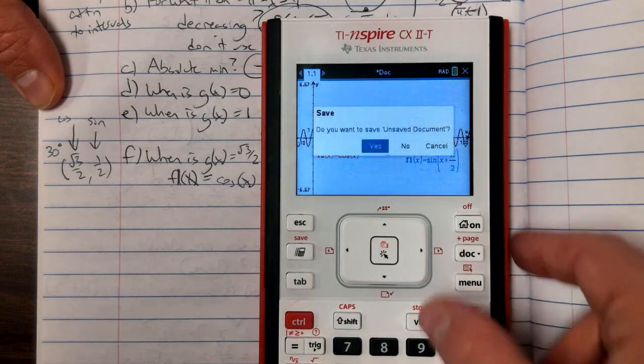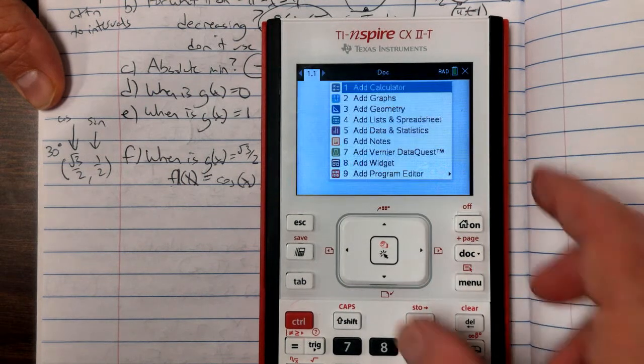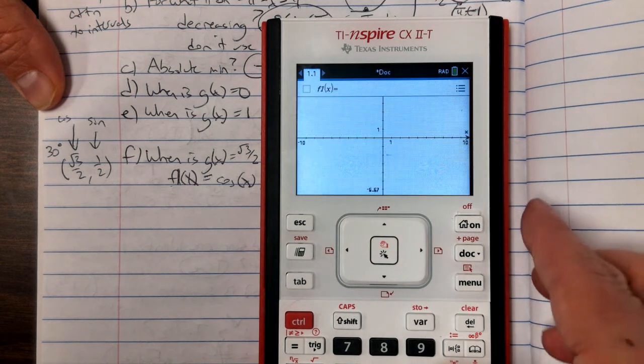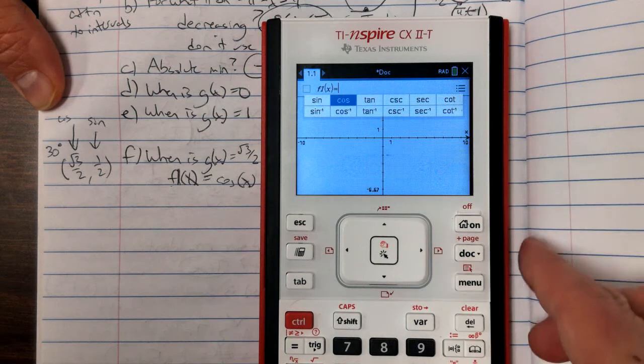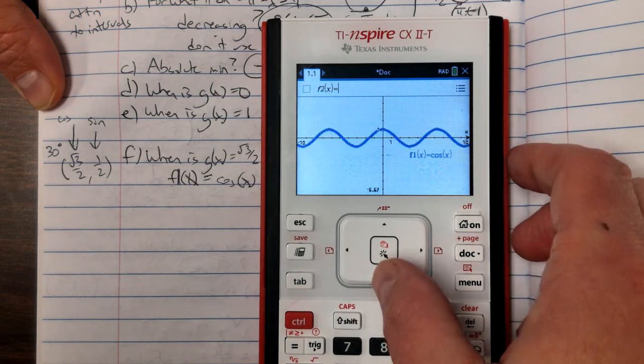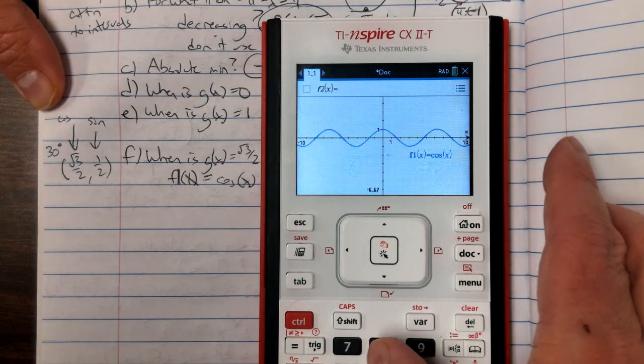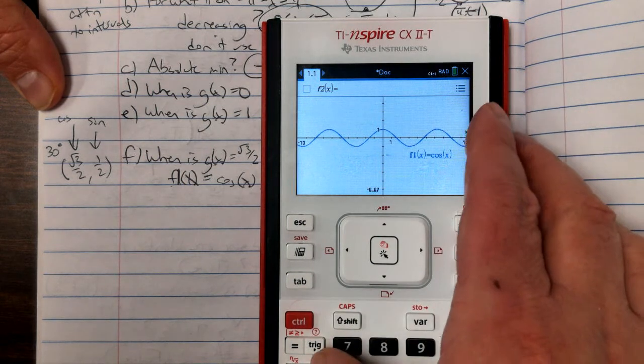Okay, so let's start fresh. We want cosine x, and we also want square root of 3 over 2.